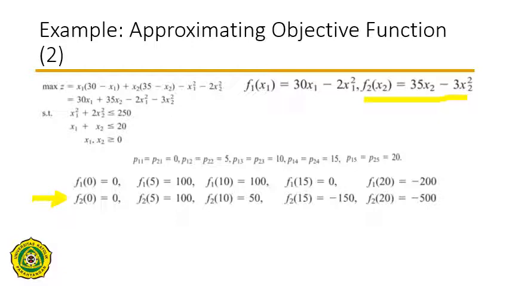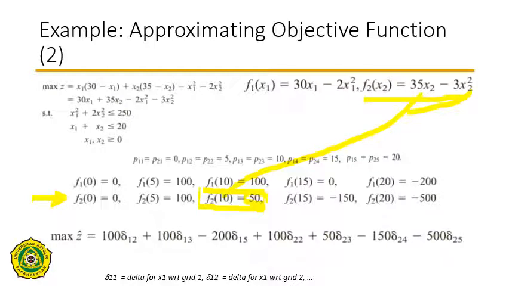For example, let's try f2(10). So you plug in 10 into here and there. So 35 times 10, 350, and then 3 times 10 squared is 300. So 350 minus 300 equals 50. So that is why this value is 50. Okay.